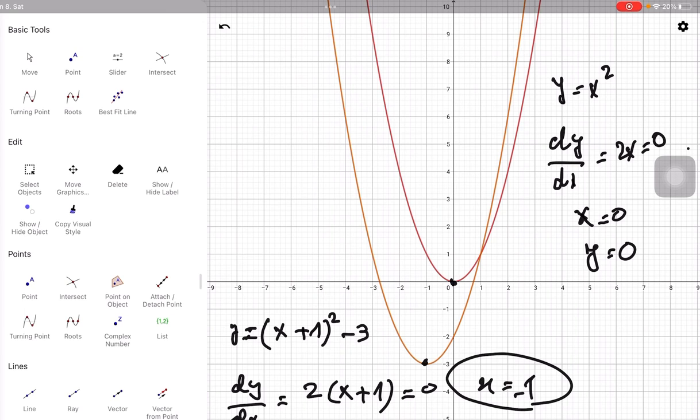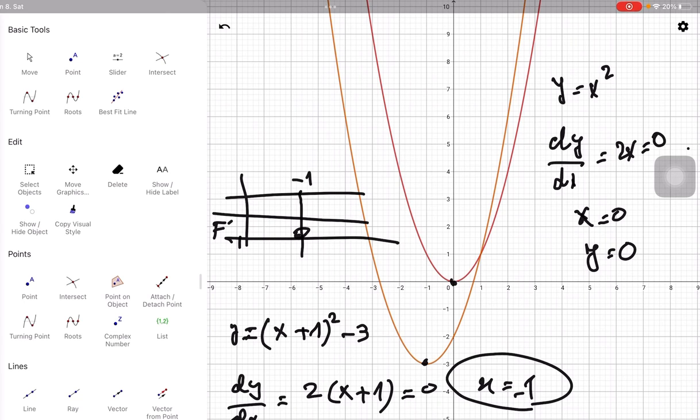It's very easy to know it is a minimum, because if we put a number before and after it, the sign of the derivative will be positive or negative. We can make a graph or a table. For example, in the table, for x I have minus 1 and f prime, the derivative, is 0.